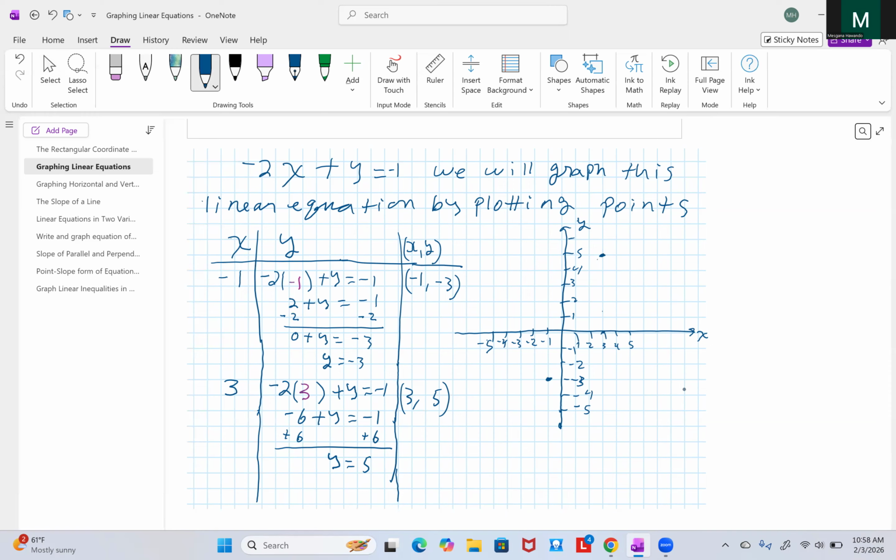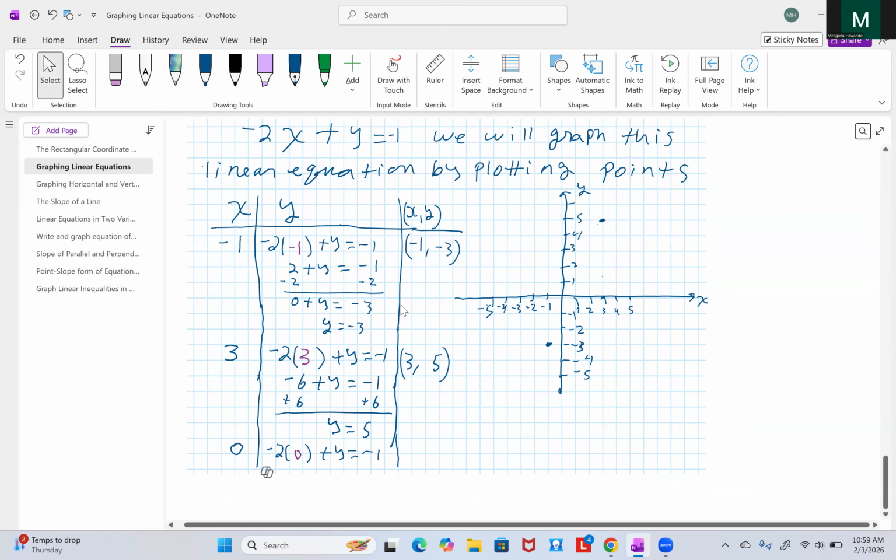Let's pick x is equal to 0. When x is equal to 0, we want to find y. So -2, replace x by 0, plus y is equal to -1.